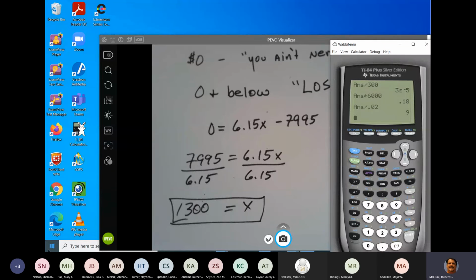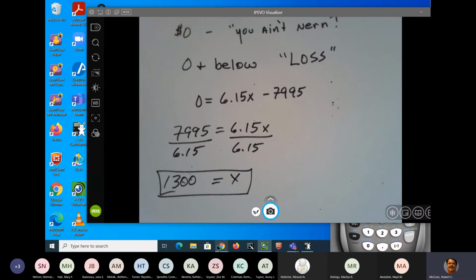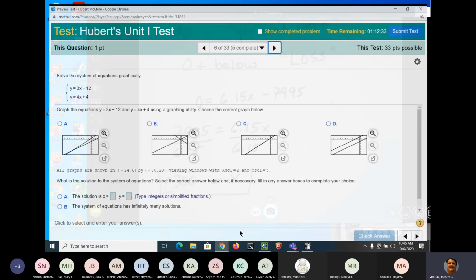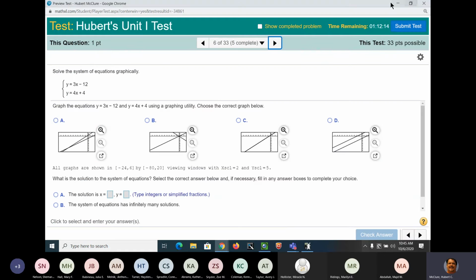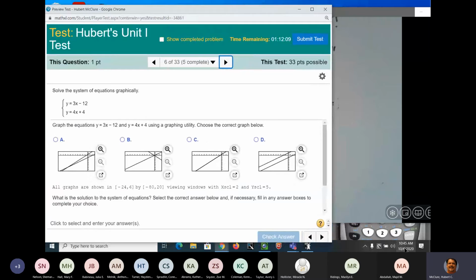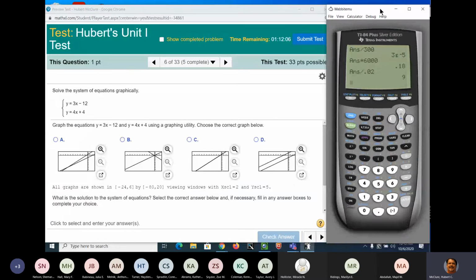Let's see, where is my... There we go. I'm just going to do it this way. So I'm going to graph y is equal to 3x minus 12.